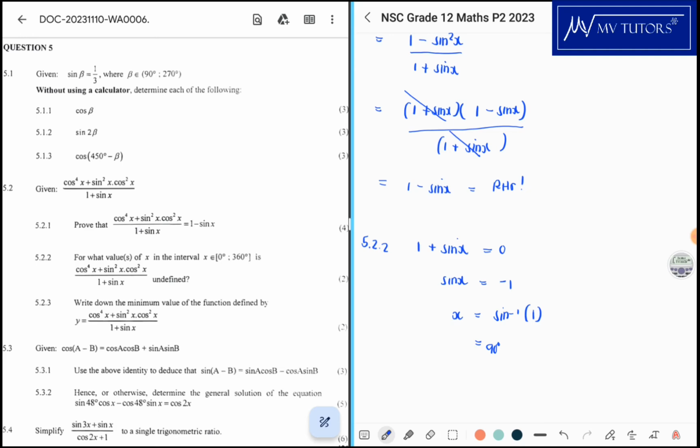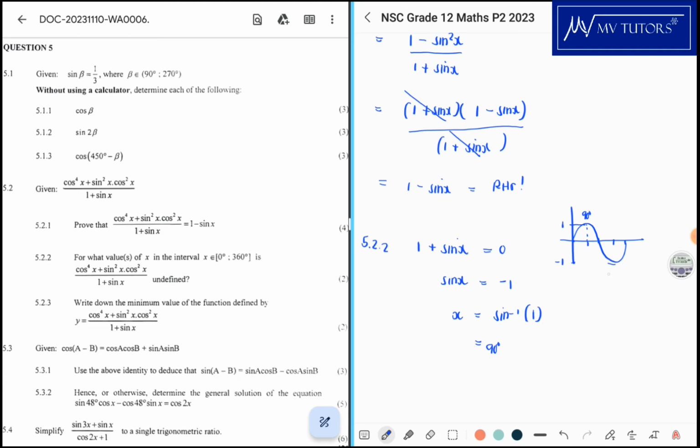Alright, but if you think about the sine graph from 0 to 360, you know that at 1, it's 90 degrees. And at -1, okay, this is 0, 90, 180, 270, 360.